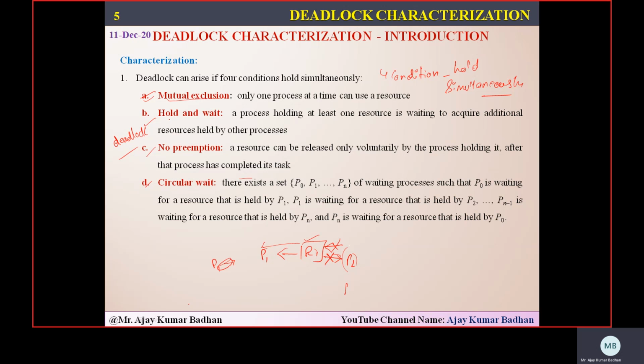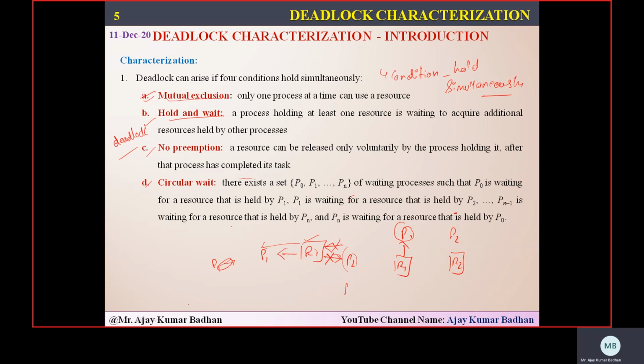And the next thing we have here is hold and wait. Let me explain with an example. There are 2 processes. This process is having R1, and we have R2. Now what do you mean by hold and wait?